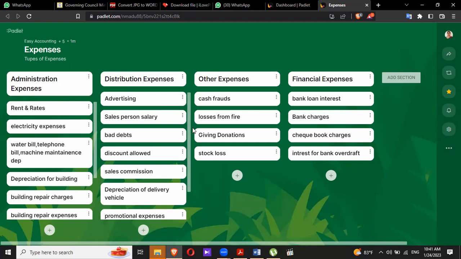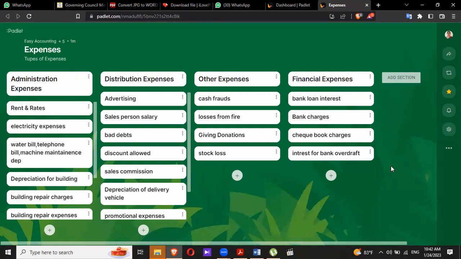Very good. Right. Last one you have added, the financial expenses, bank loan interest, bank charges, checkbook charges, interest for bank overdraft. Right. Very good. I told you it's very easy to identify financial expenses, right? Financial expenses in your level, right?